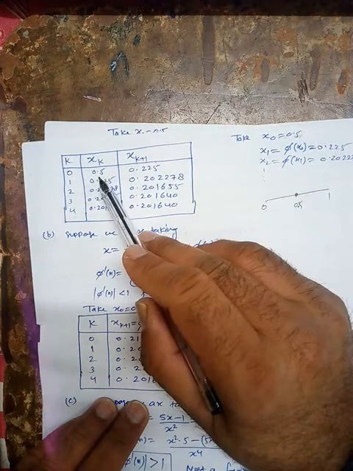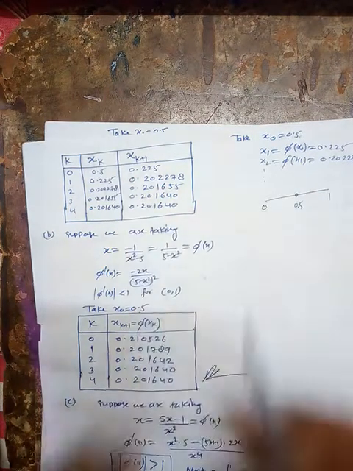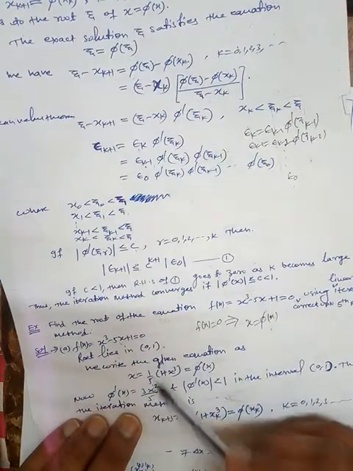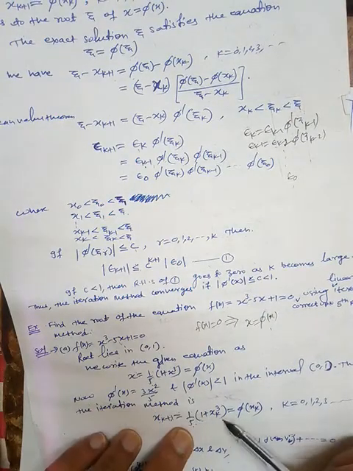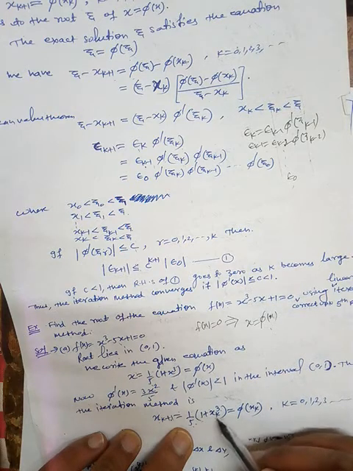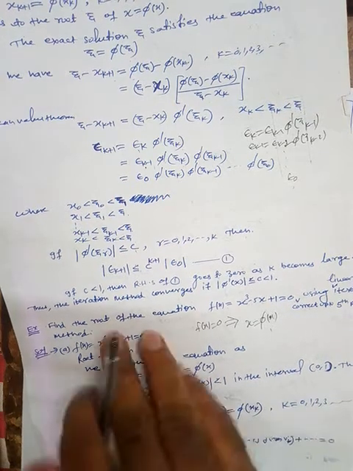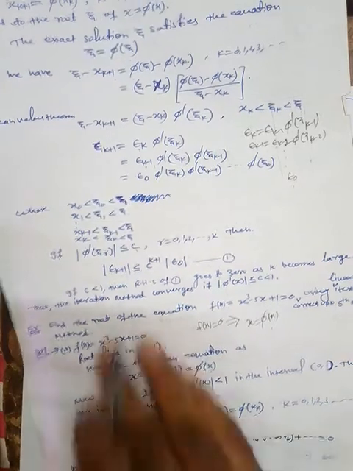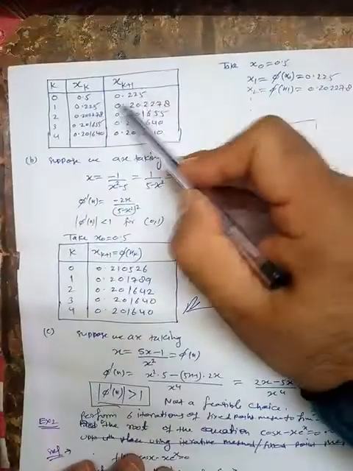When you put 0.5 here, with the help of this formula, 1 by 5, 1 plus x naught cube, put x naught here, 1 plus x naught cube divided by 5, this will provide you x1. So here is x1.